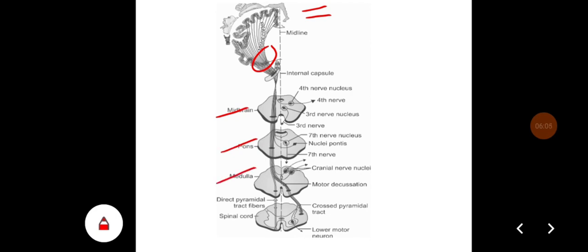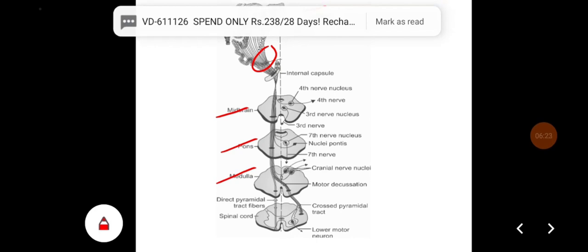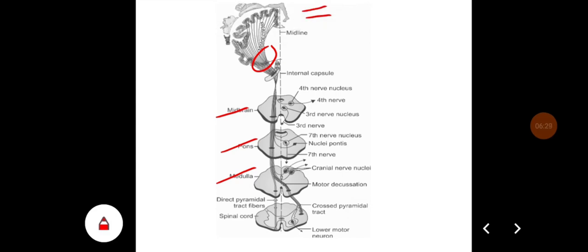In the medulla, almost 85% of the fibers decussate to form the lateral motor tract, which is going to innervate the anterior motor neurons till the lowest part of the spinal cord, whereas some of the uncrossed fibers descend into the anterior white column, and from there they go to the opposite side of the spinal cord to innervate the muscles, and these fibers reach only up to the cervical or thoracic part.